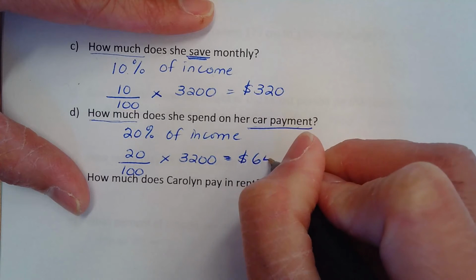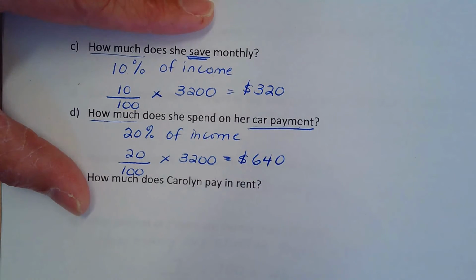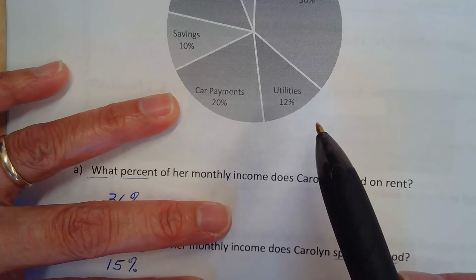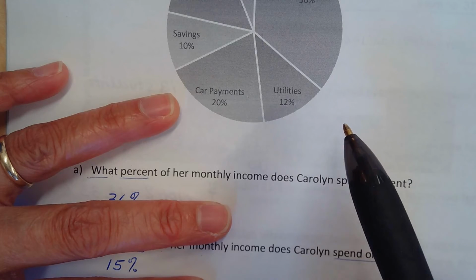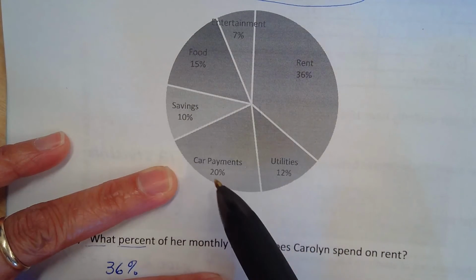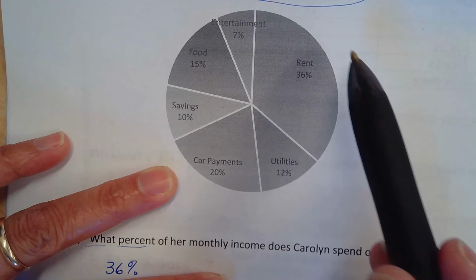Wow. Well, I hope that car payment includes gas and auto pack and car payment, because that's pretty high. 640. That's gotta be a truck or a Jeep. Yeah, probably. But over here, she doesn't have gas, auto pack.